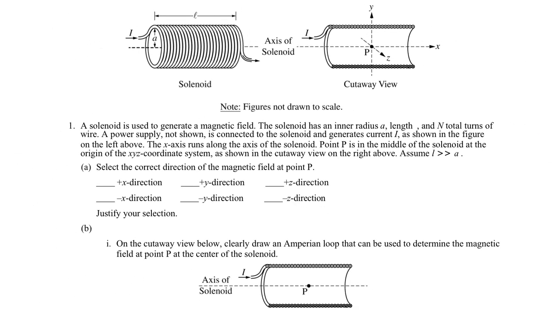This solenoid has n total number of turns, an inner radius of A, and a length of L. A power supply not shown is connected to the solenoid and generates a current I as shown in the figure.